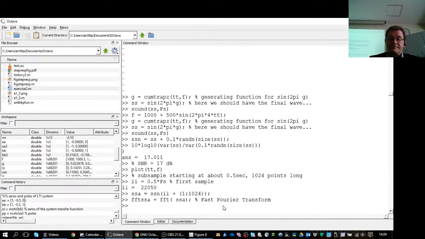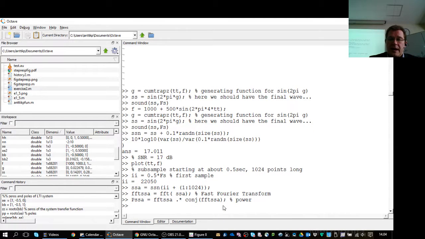Then basically I can calculate the power spectrum of SSA, let's say PSSA, is that FFT SSA times the complex conjugate of FFT SSA. That you have learned already from Aoki. So that gives you the power. And then it looks like this.